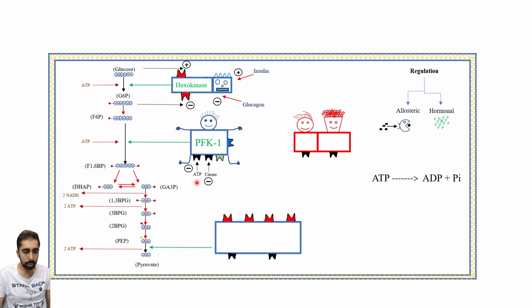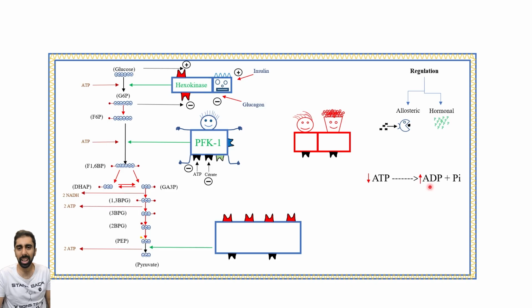In the case of ATP, when our body does not have enough energy, we don't say our ATP decreased. We say our ADP increased. We know that ATP turns into ADP and inorganic phosphate when our body wants to use ATP to produce energy. So when we turn ATP a lot, ADP increases.